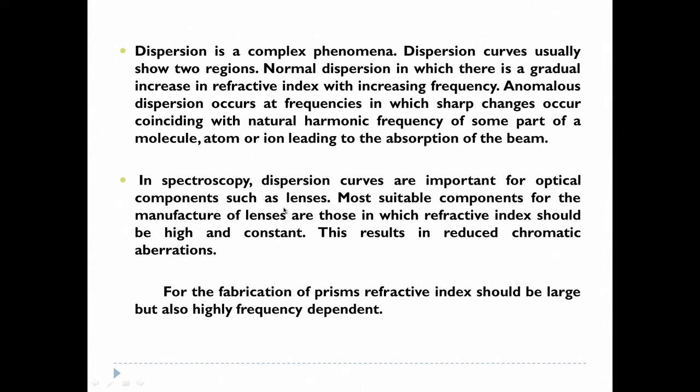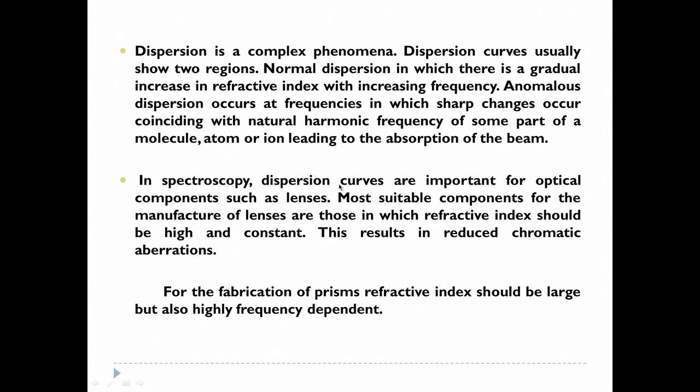In spectroscopy, dispersion curves are important because we use glass, prisms, concave mirrors, air and samples. So, the dispersion curves through a medium assume importance, and they are more so for lenses.